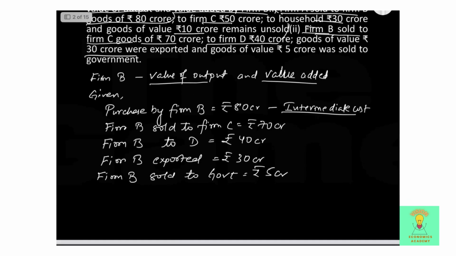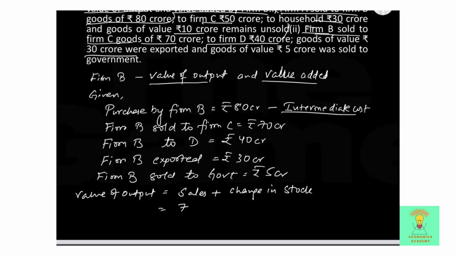Okay, so as we know, value of output is sales plus change in stock. Right? Now, what are the values that have been sold? 70 crores plus 40 crores plus 30 crores plus 5 crores.